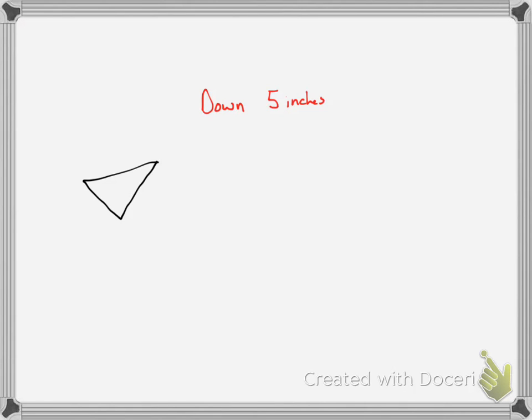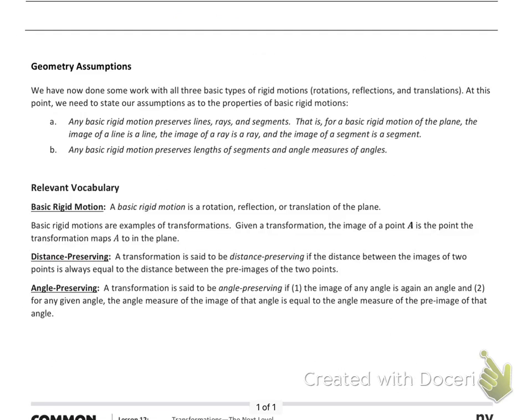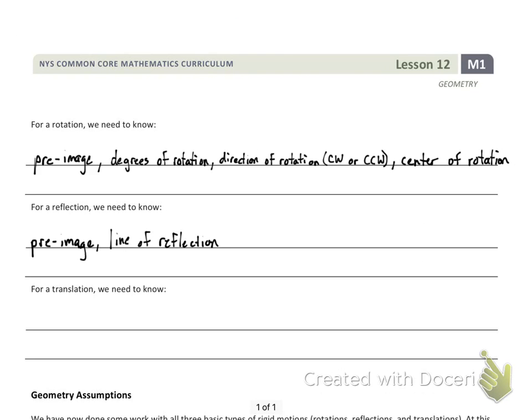Let's say this is 5 inches right here. All right? Doesn't look very good, but I translated this thing down 5 inches. So now we can go ahead and write that down. We need to know the pre-image, of course. We need to know the direction of translation.